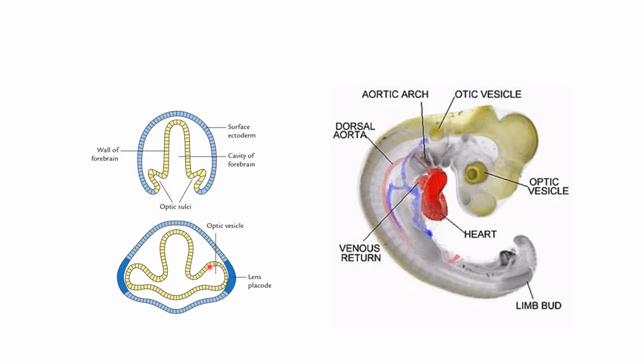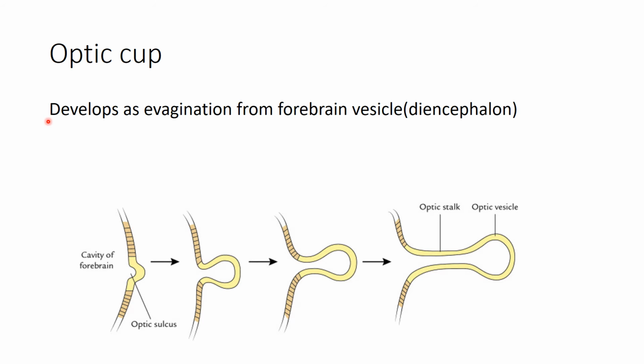The sulcus now is called a vesicle. Now let us see how the optic cup develops. This is the forebrain vesicle, the wall of which you can observe here. That develops what is called the optic sulcus. A pair of optic sulci will be there.